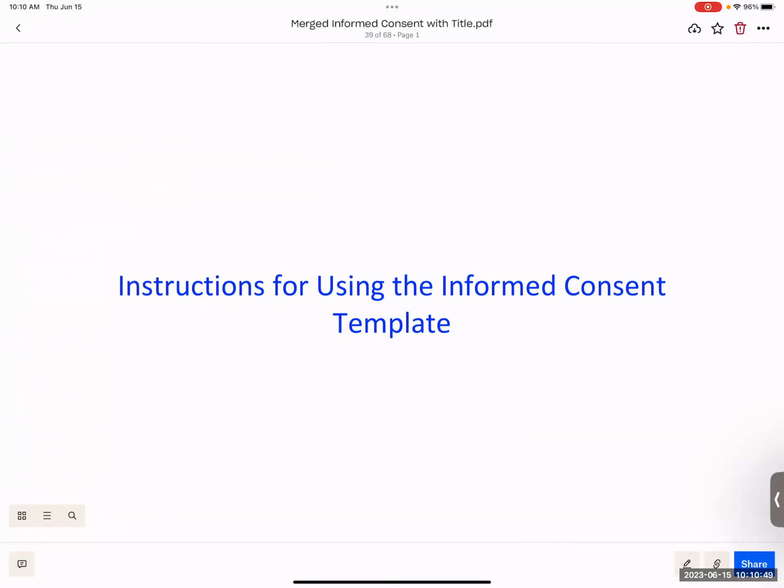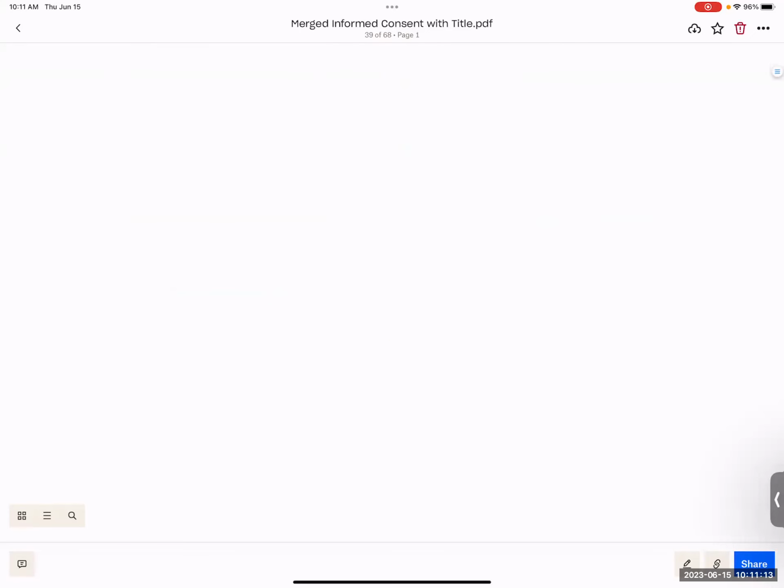Okay, so as we move to the template, one of the things you'll see is that the template starts with 4 pages of instructions. And these instructions are important for you to remember to read because they have information that applies to all projects, but also they have specific information that applies to particular projects.